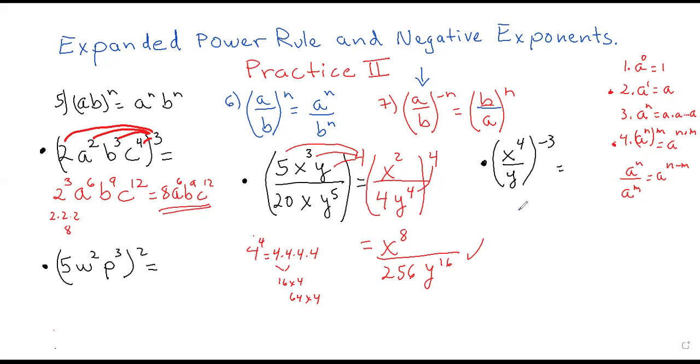Then I have y over x to the 4, and this will be then to the third power. Again, this 3 is for the numerator and denominator, and we are going to use power of a power. So that will be y to the third over x, 4 times 3 is 12.